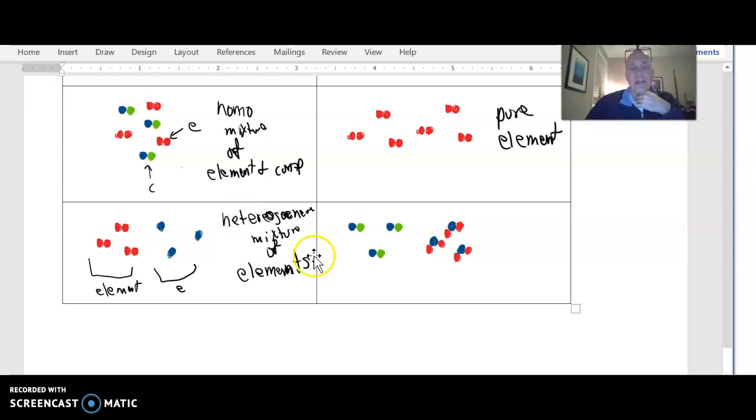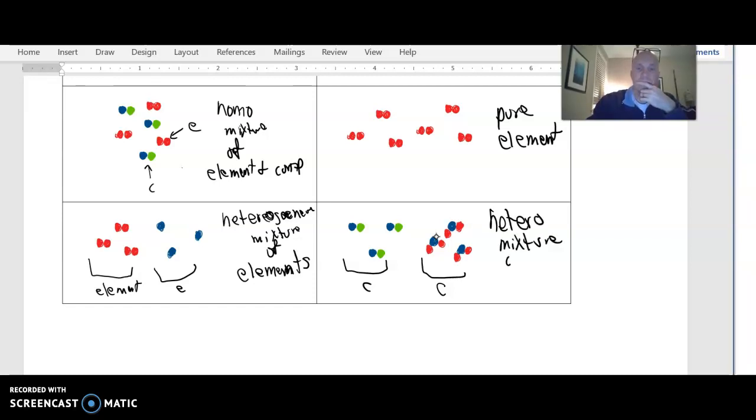And the last one, this is a compound right here. This is a compound right here, and notice that they're not uniformly mixed. So heterogeneous mixture of compounds. All right, so hopefully that makes sense, and that's it for this video.